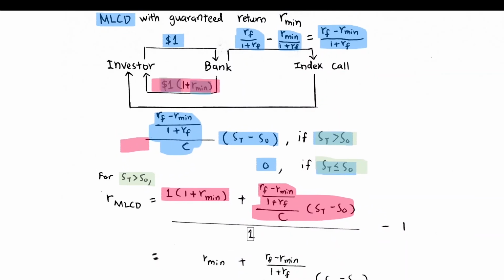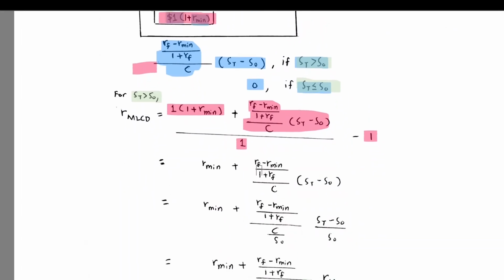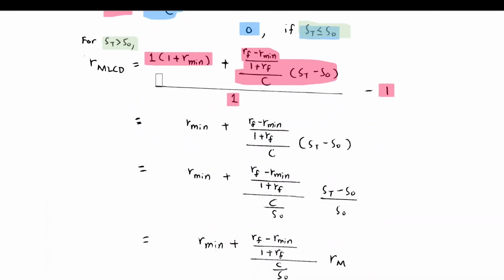And then divided by the initial investment of $1. Finally, we subtract 1. And simplifying the expression, we will arrive at this.